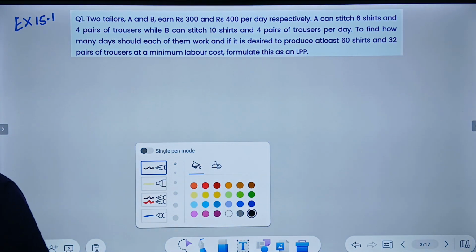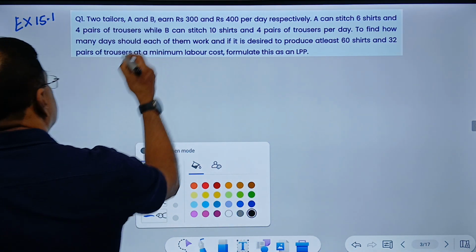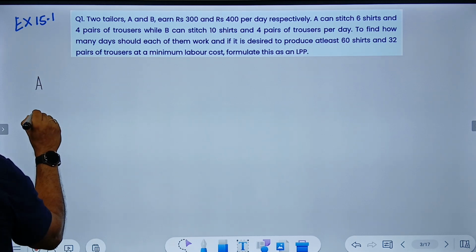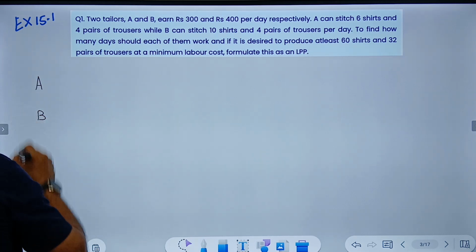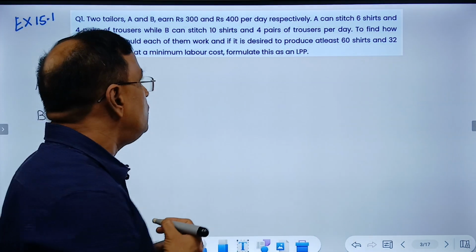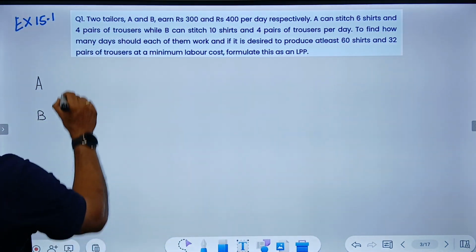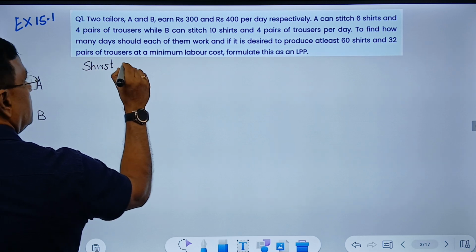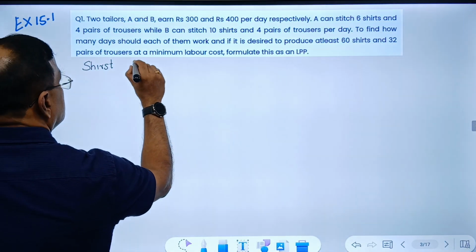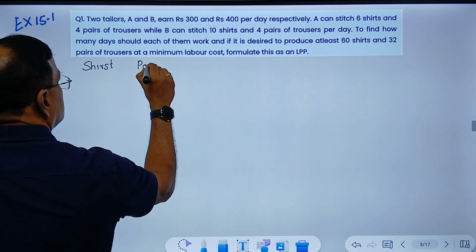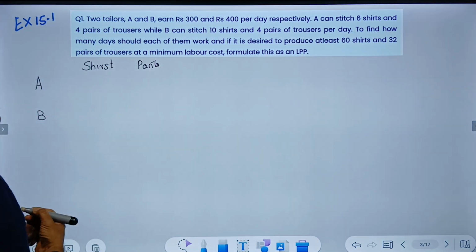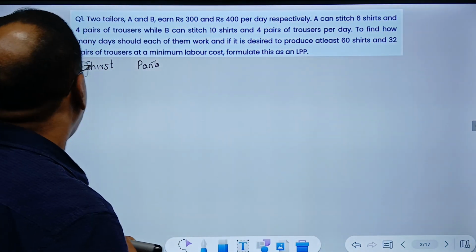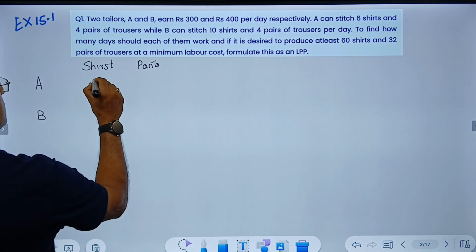So first let's look at the tailors. The 2 tailors are A and B, so let me make a note of it. So this is A and this is B. Then what do they do? They stitch shirts, right? So let me write shirts, and they stitch trousers. Now A stitches how many? 6 shirts and 4 pairs of trousers.